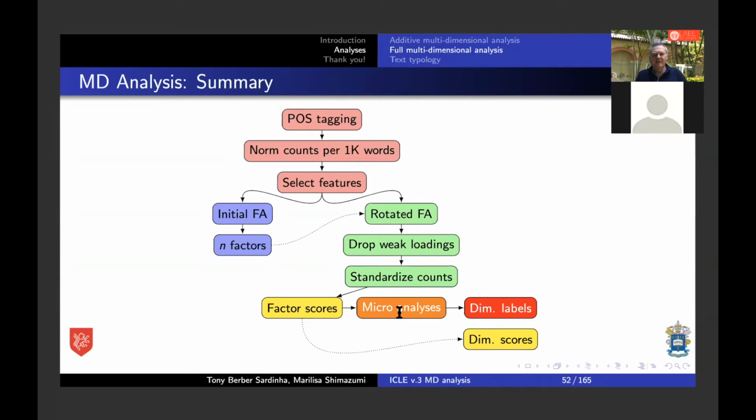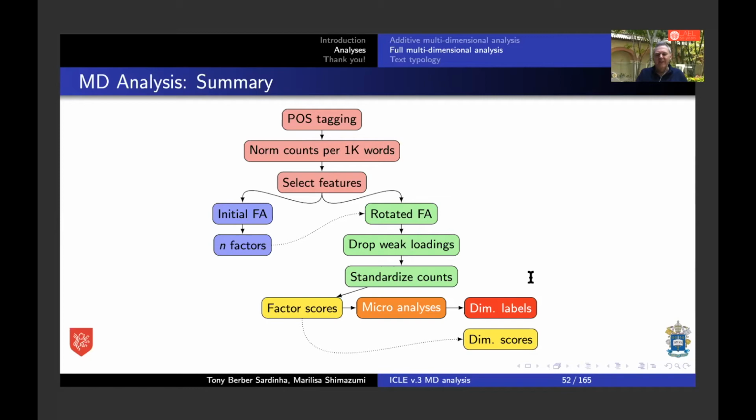So this is not just about numbers. You have to get down and look at the text carefully in order to understand what's happening here. Then at the end, you come up with these pretty nice dimension labels. These are the end result, but these dimension labels pack a lot of information, all right?